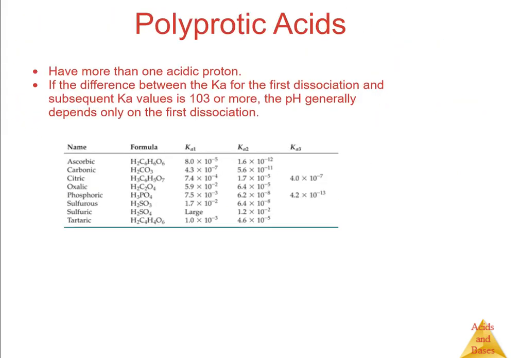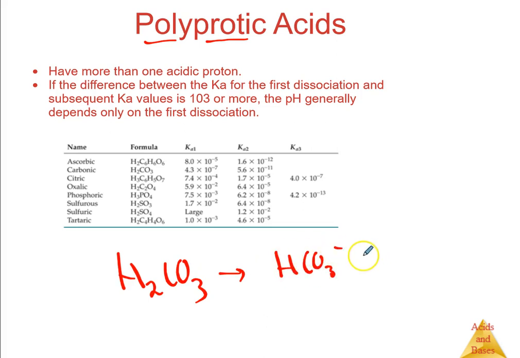Okay, polyprotic acid. Poly means more than one, protic is your H plus, and it's an acid. So like carbonic, you're used to that one, H2CO3. It can go to HCO3 minus and CO3 2 minus. What you need to know is that they have more than one acidic proton, so they typically have more than one K value.